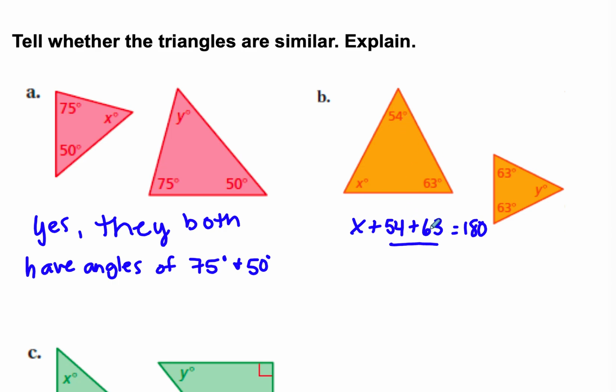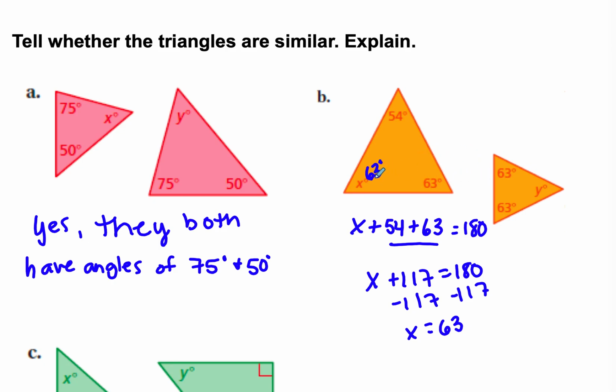I'm going to add 54 and 63 together. 54 plus 63 gives me 117, so I have X plus 117 equals 180. And then I can subtract 117 from both sides. So 180 minus 117 gives me 63. So that means this one is 63.